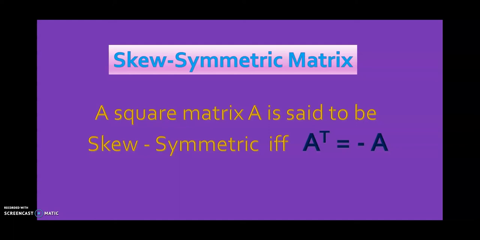A square matrix A is said to be skew-symmetric if and only if A transpose is equal to minus A. We can also put it like this: a square matrix whose transpose is equal to its negative is called a skew-symmetric matrix.